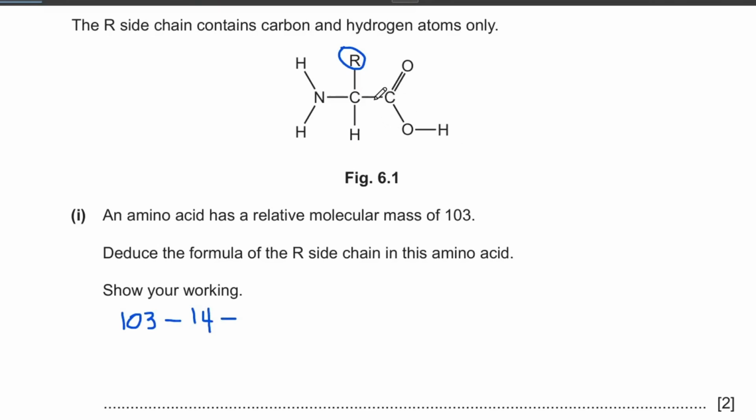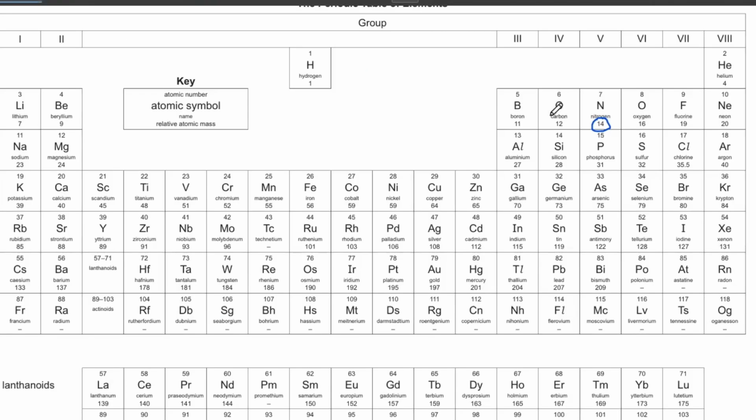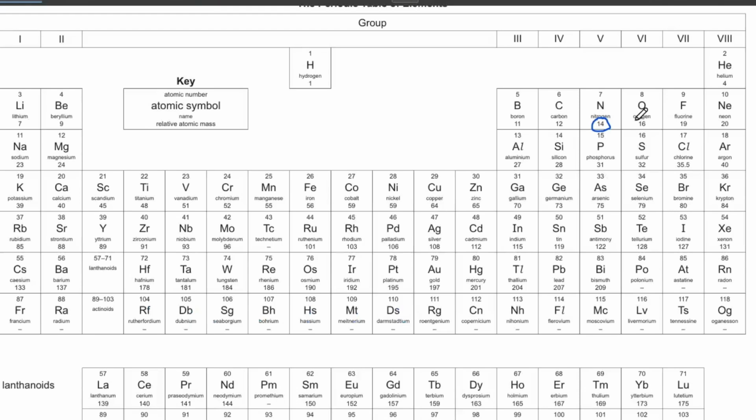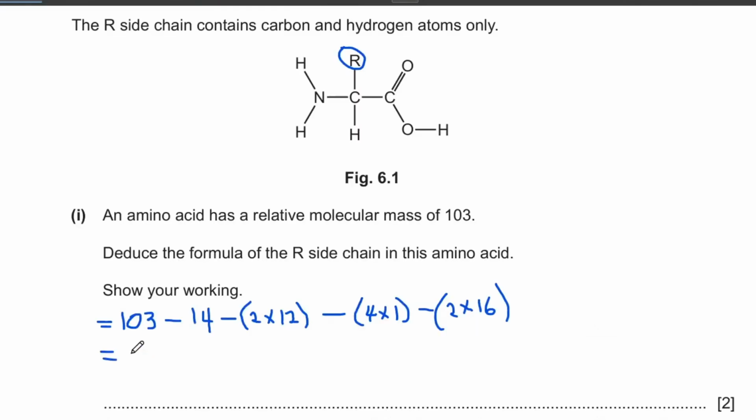We have 2 carbons, and carbon is 12, so it's 2 times 12. Then minus hydrogen. We have 4 hydrogens, 1, 2, 3, 4, and the relative atomic mass of hydrogen is 1. The next one is oxygen. We have 2 oxygens, and oxygen is 16. So this is going to be equal to 29.